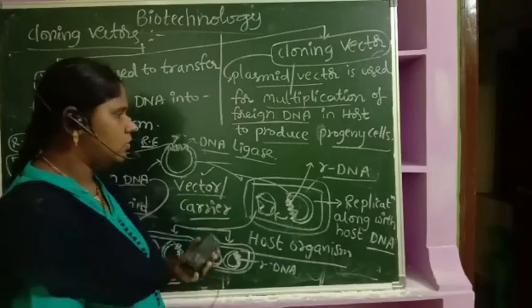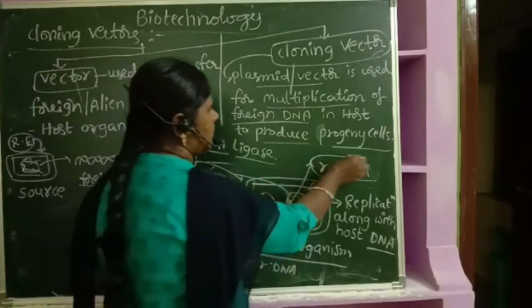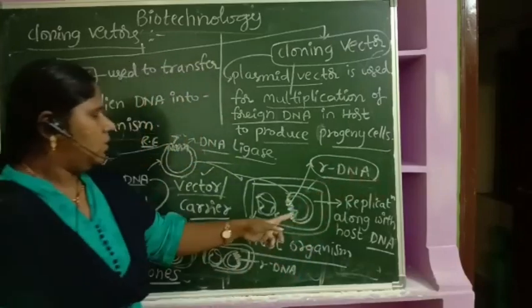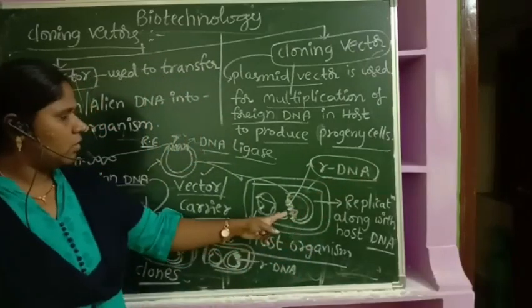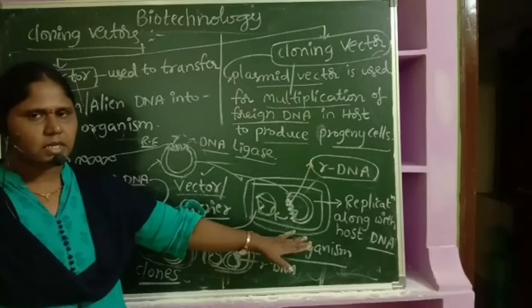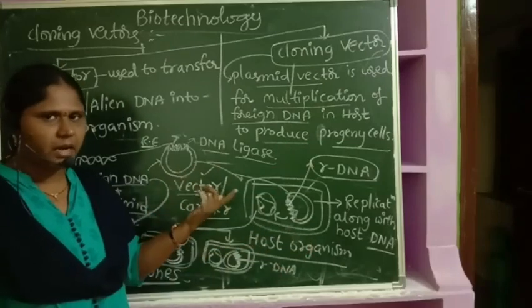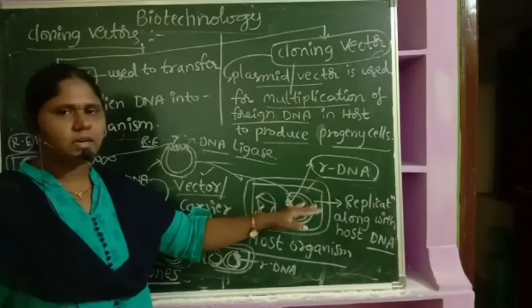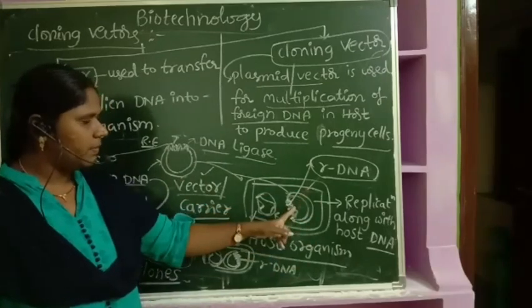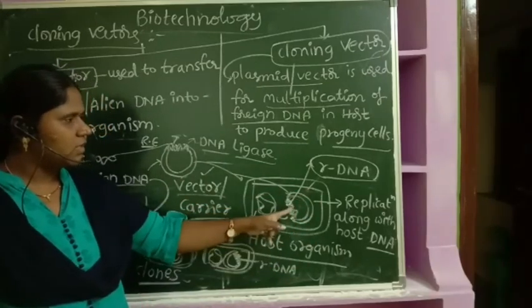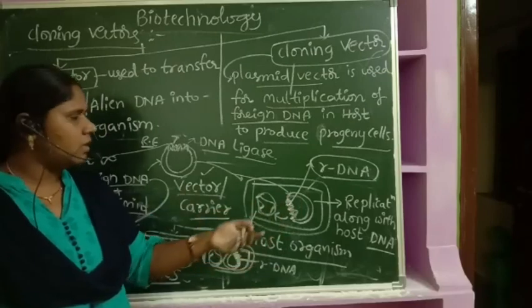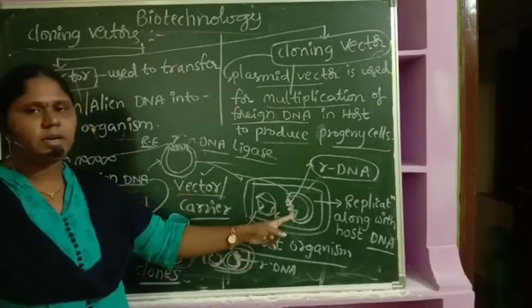It will not go out. The vector along with recombinant DNA stays inside the host. It will not drop, it will not go as a vector does. When the recombinant DNA enters inside the host, that's why it's called recombinant DNA.